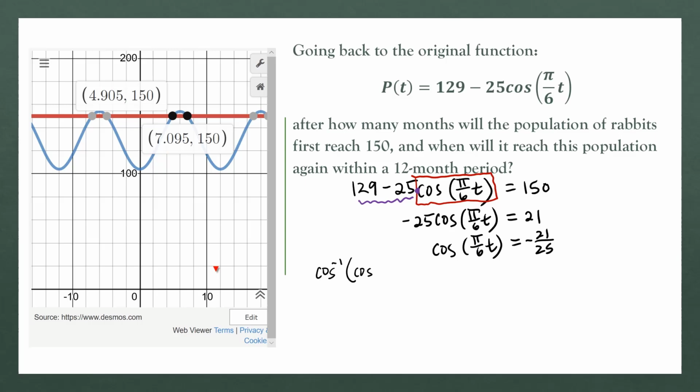So cosine inverse of the cosine of pi over 6t equals cosine inverse of negative 21 over 25. Now, when I do that on the left, the cosine inverse and the cosine undo each other. So this is nice. I'm now left with pi over 6t equals, and I'm going to put into my calculator cosine inverse of negative 21 over 25.